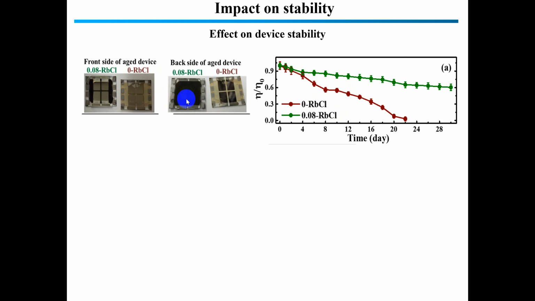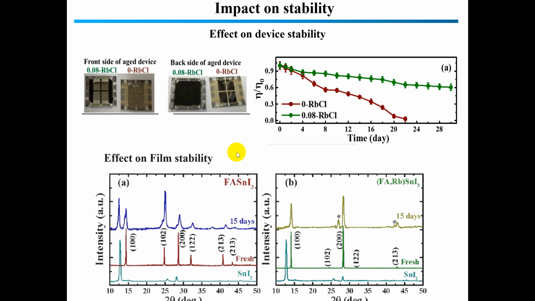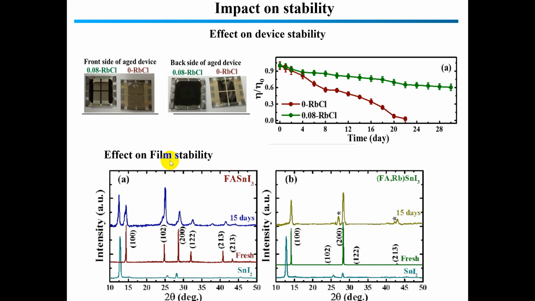edge device. We can see a noticeable difference between the pristine one and the rubidium incorporated one. The rubidium incorporated one shows pretty similar color, while the pristine one shows a color change. Along with that, we also study the film stability by oxidative pattern.